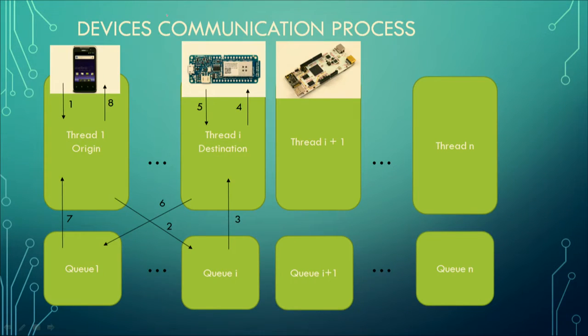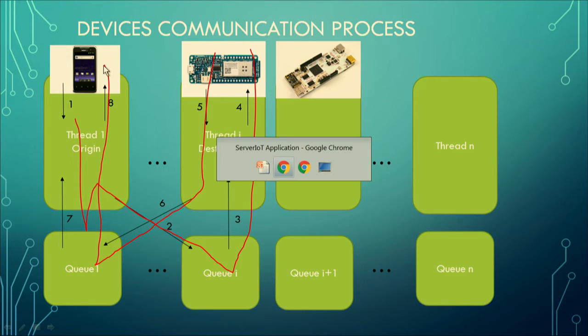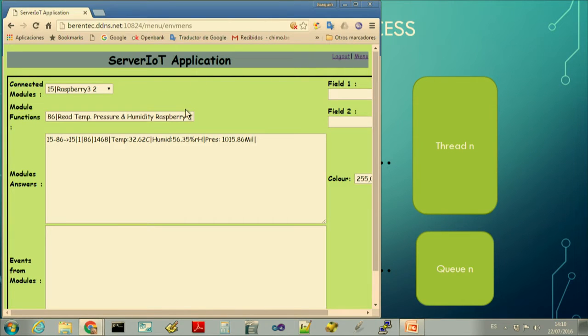Inside the server, we have an origin thread that sends to the queue of the destination. From the queue of the destination it goes to the device. The device executes the function and comes back with the results, which go to the origin queue, and from there to the destination.